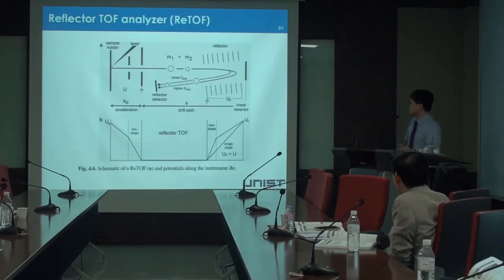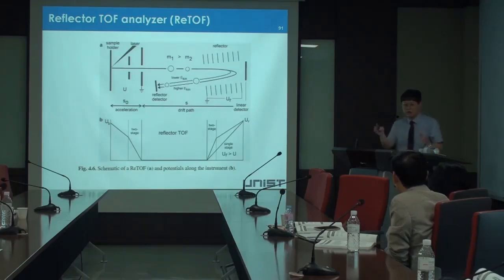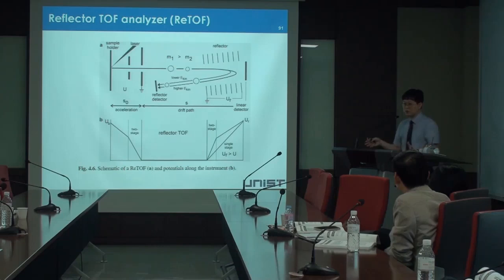And this is a reflector TOF type. There is a reflection, which means a longer path. A longer path means more separation of chemicals. So TOF is a very powerful tool to separate ions by their mass, based on the time difference.